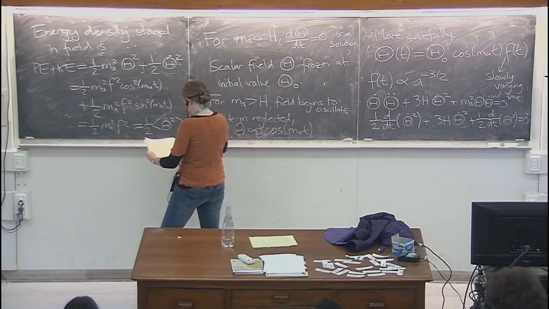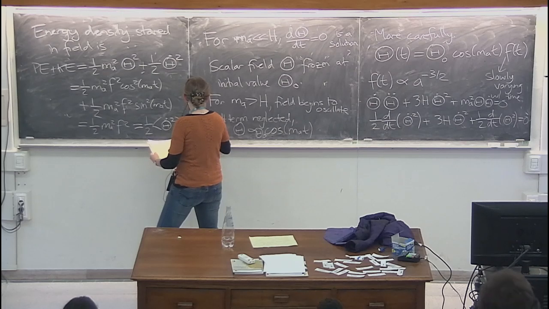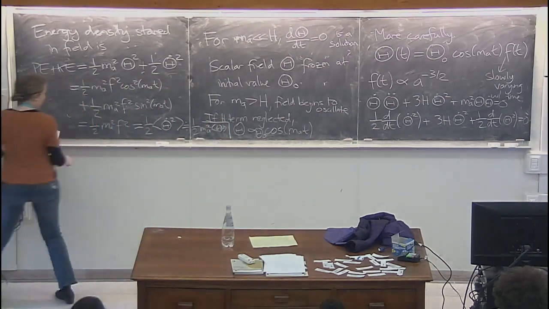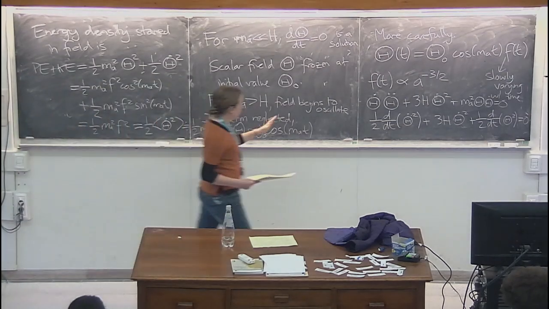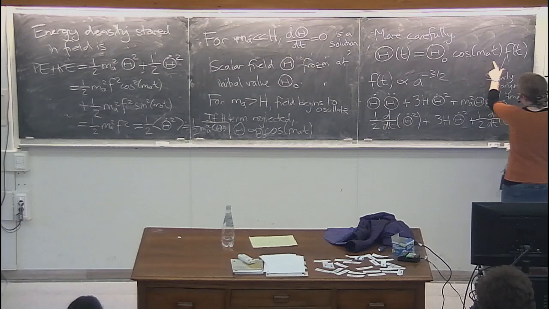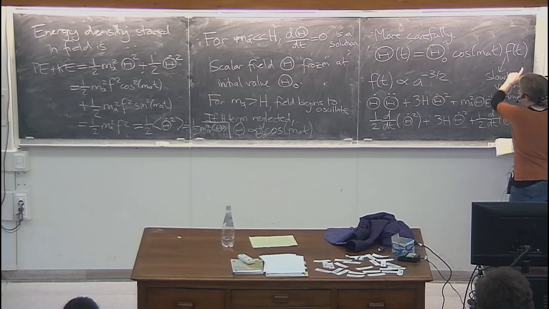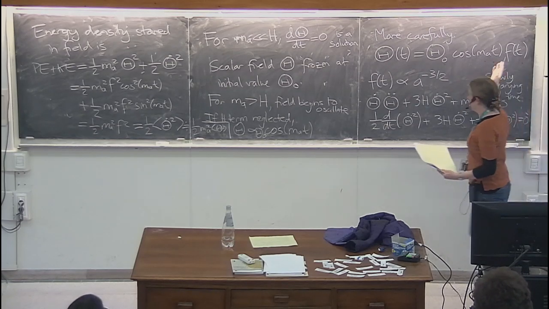This is just saying that this quantity, if we square this, we'll just get theta naught squared, f squared, cos squared. Take the expectation value of cos squared over many oscillations, and you're just going to get a half. Actually, maybe I don't need a half there.